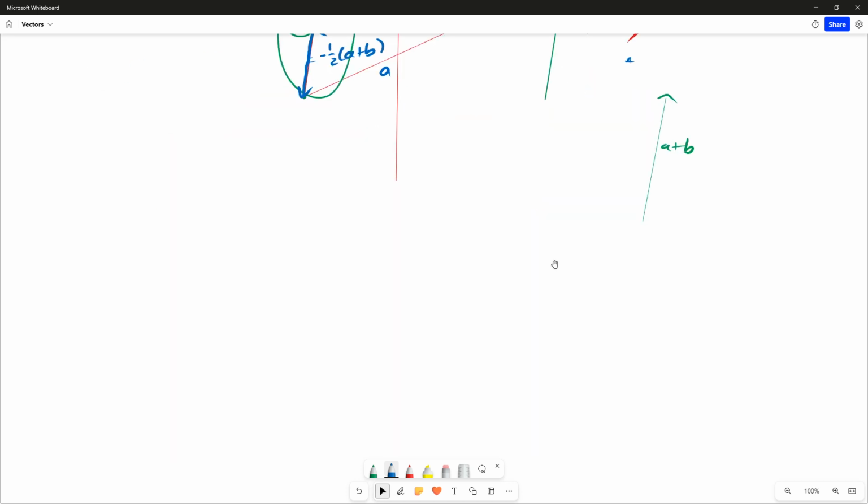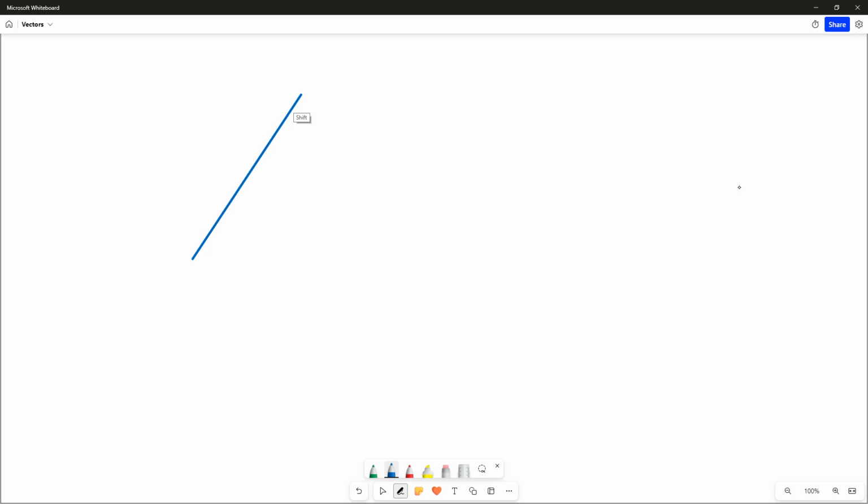Okay, here's a question. The question says, I've got P, Q, and this is a vector, and this vector is called A. And then from here, I've got capital R, then I've got another vector, which is going this way, and this one is known as B. Okay, and I've got S, which is a point here.